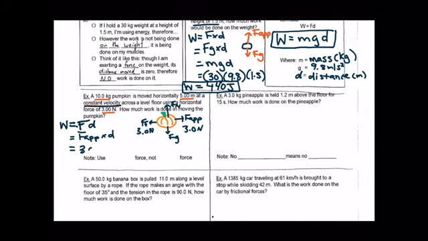So that would be 3.0 newtons times the distance for the pumpkin, which is 5 meters. So it's about 15 joules of work acting on it. And we used applied force, not the net force. And that's important.